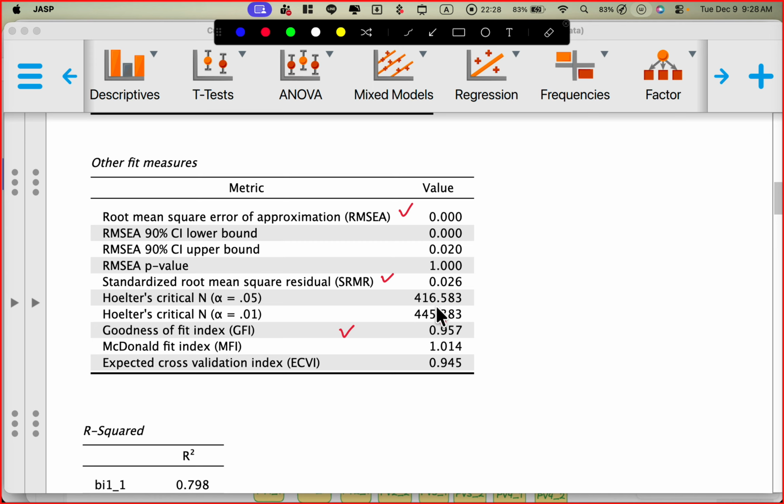It's only a sample, not the whole population, right? And we have drawn the measure model. So the null hypothesis means the sample data fit well with the measure model.